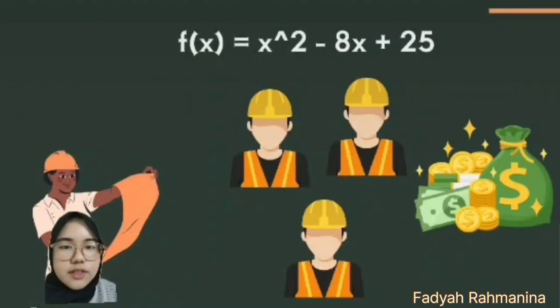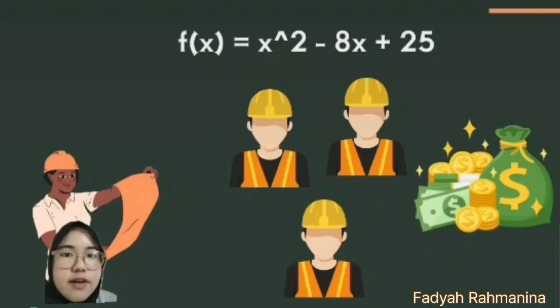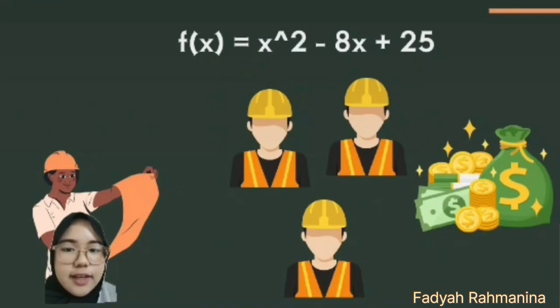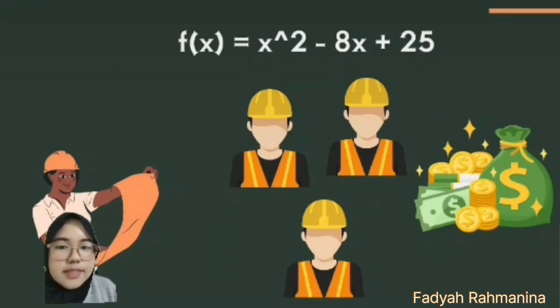In order to calculate the cost, the consultant makes a function formula where f(x) is equal to x squared minus 8x plus 25, where the f function is the cost of the renovation in million rupiah, and the x itself represents how many workers Miss Annie needs to renovate her house.